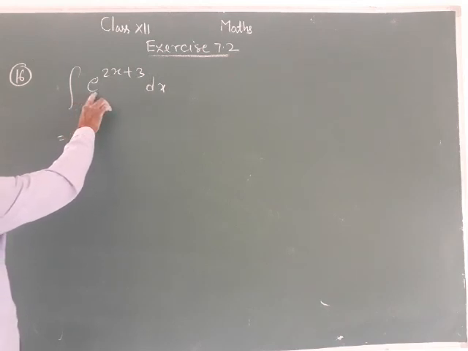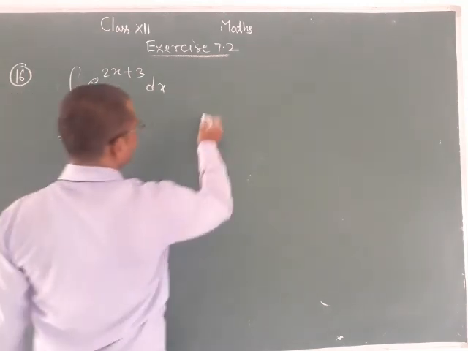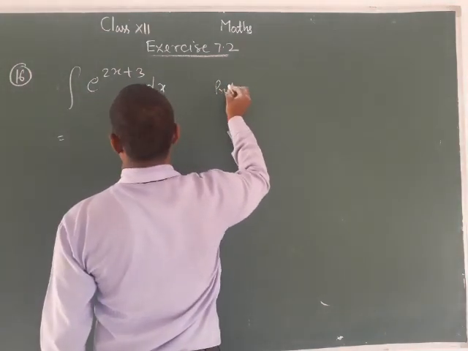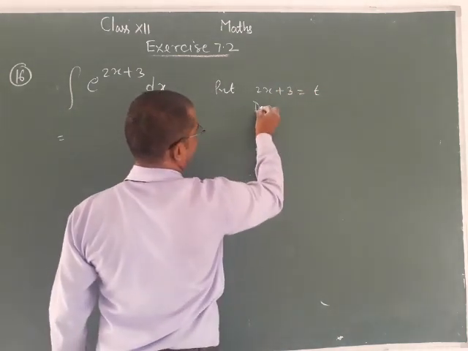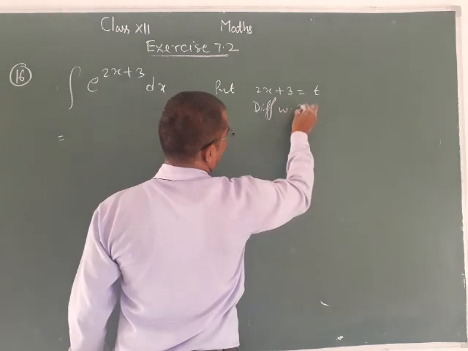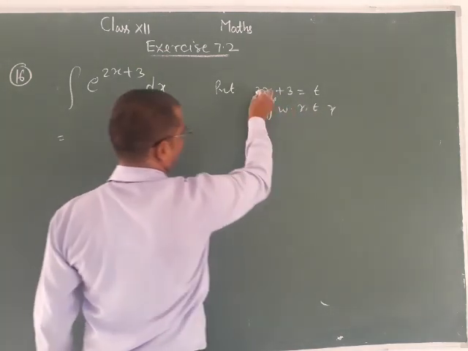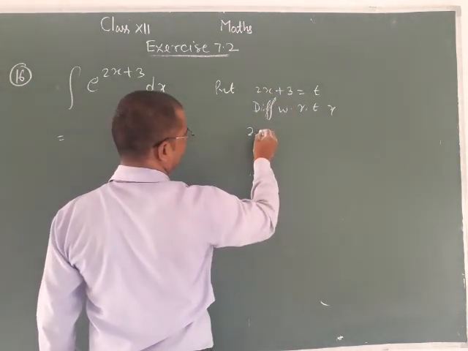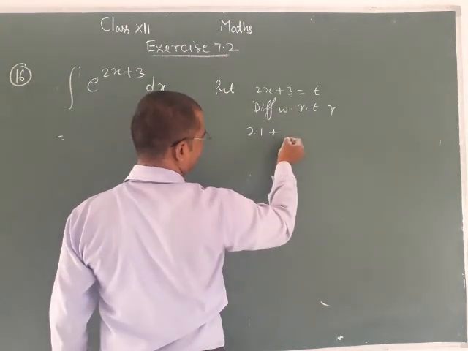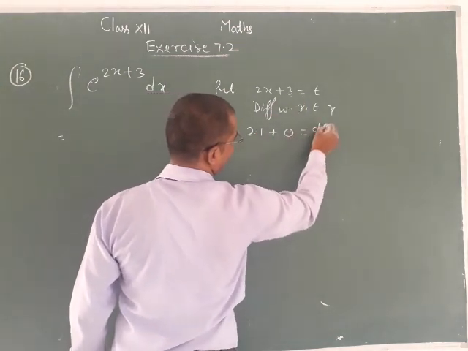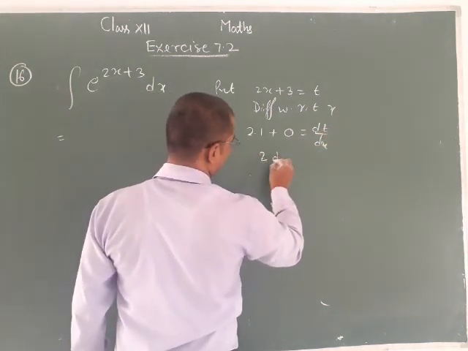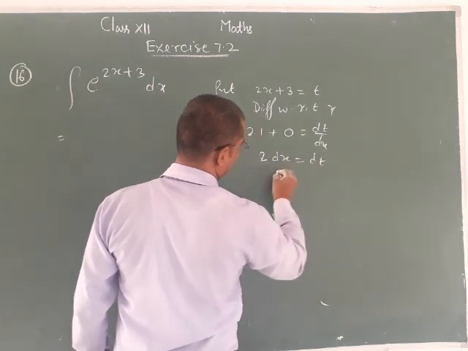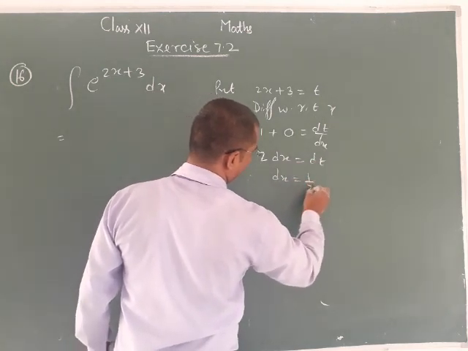Integral of e to the power 2x plus 3 dx. Now put 2x plus 3 equal to t. Now differentiate with respect to x. So 2 times the derivative of x is 1 and the derivative of 3 is 0, equal to dt upon dx. It can also be written 2 dx is equal to dt, and dx is equal to 1 by 2 dt.